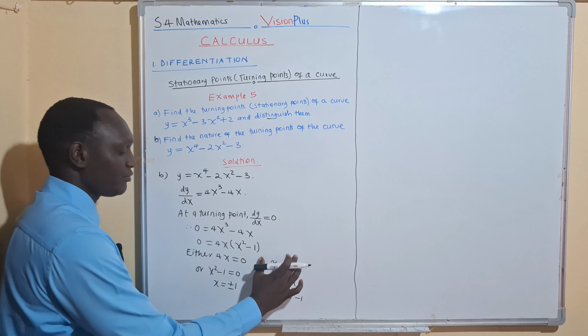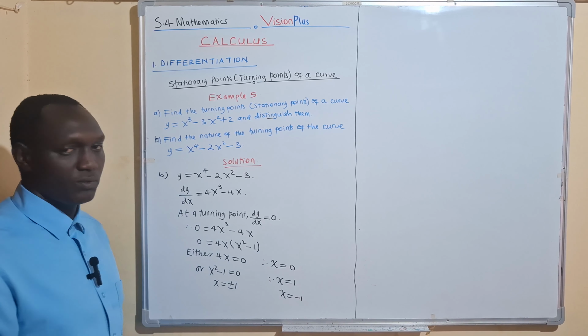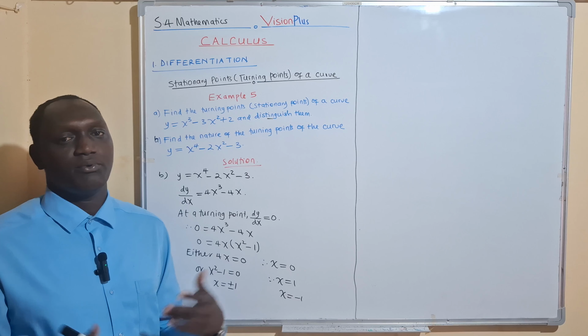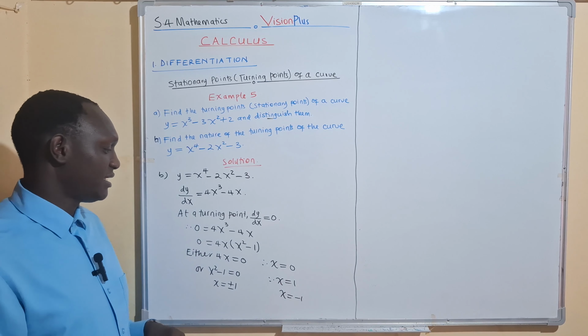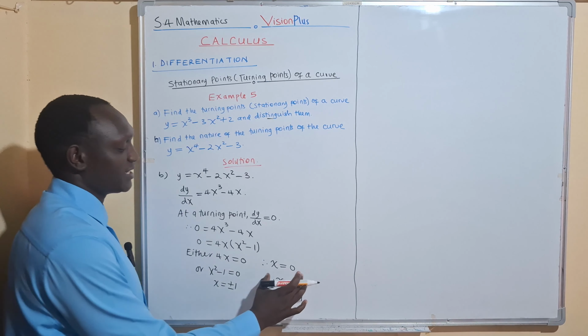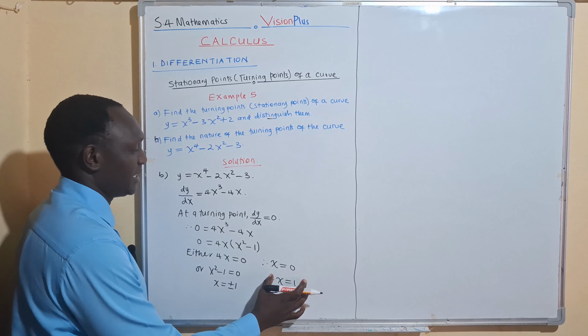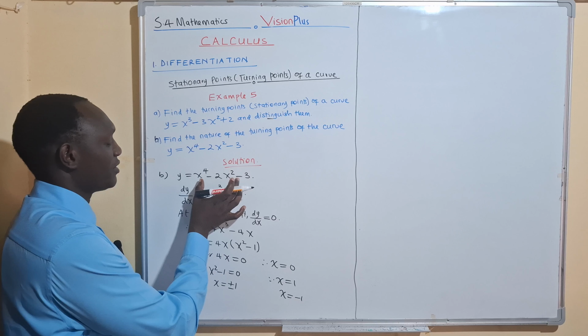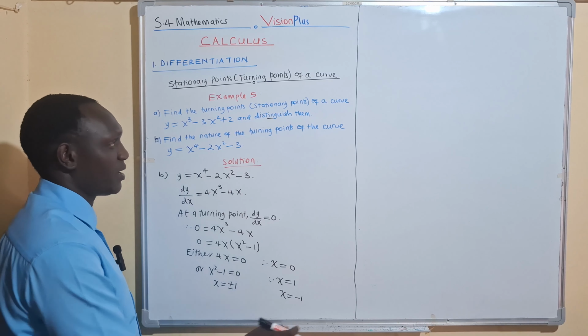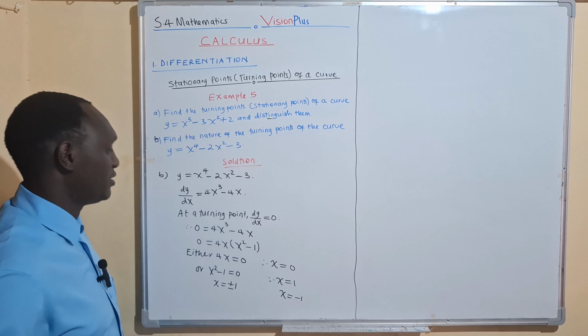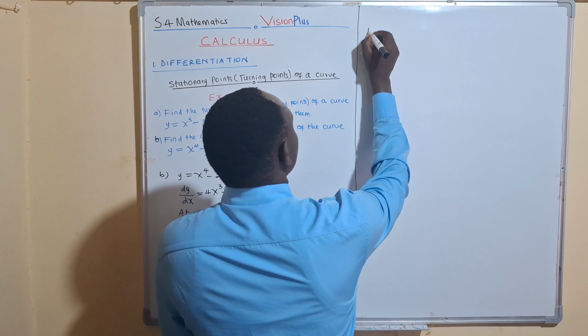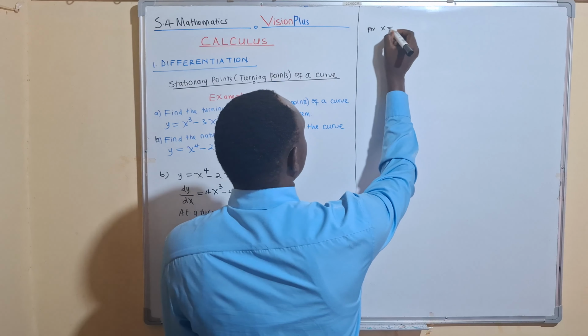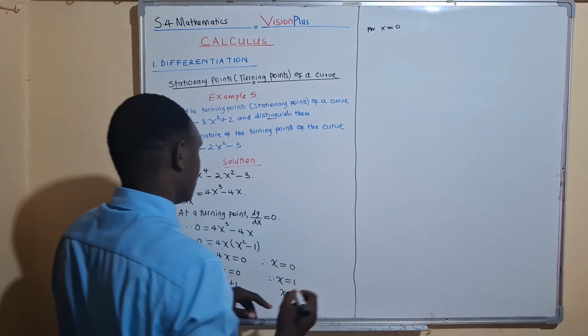Now, we have 3 values of x, which at this point, we are still saying that possibly there are 3 turning points. So let us first get the coordinate points. That is, let us get the corresponding values of y, and then we go and test or find the nature of those points. So for the first point, when x is 0, what is the value of y?